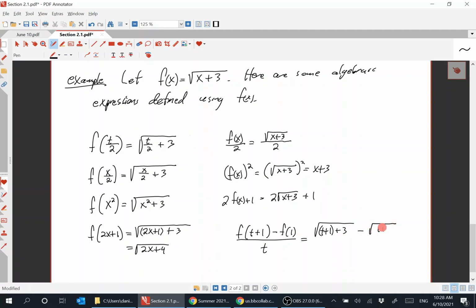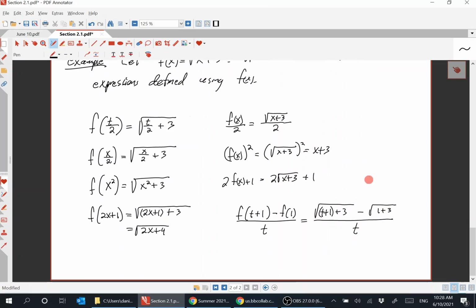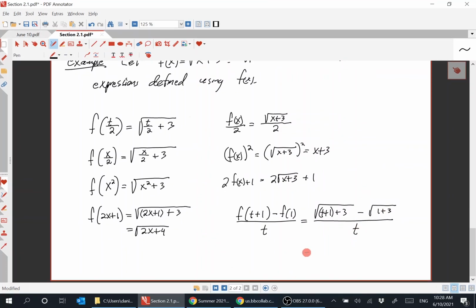Well, that's square root of 1 plus 3, over t. Simplifying this, square root of t plus 4 minus square root of 4, which is 2, over t.